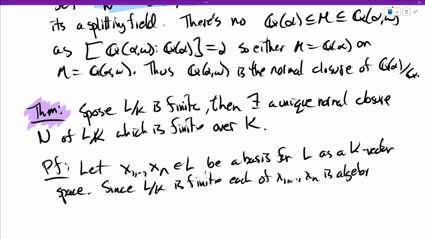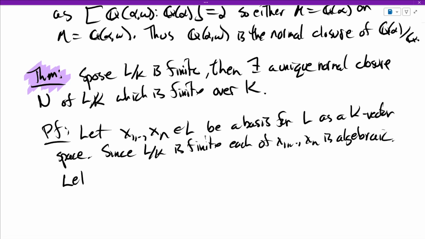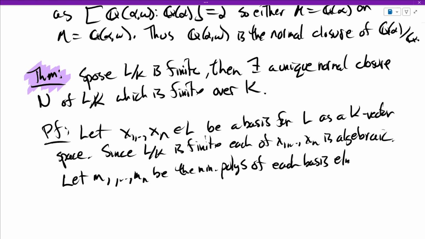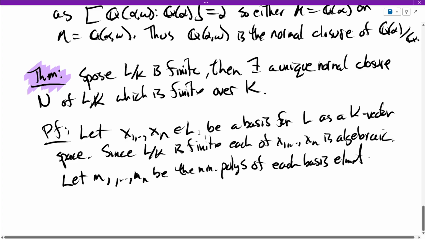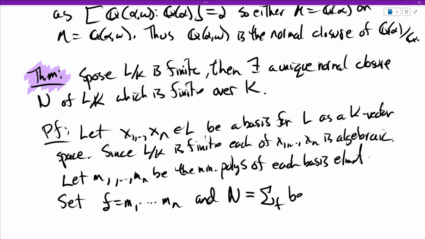So it's the root of some irreducible polynomial over K. Let's let M1 through Mn be the minimal polynomials of the basis. So M1 is the minimal polynomial of x1 and so forth. Let's set F to be the product of the minimal polynomials. And let's let N be the splitting field of F.